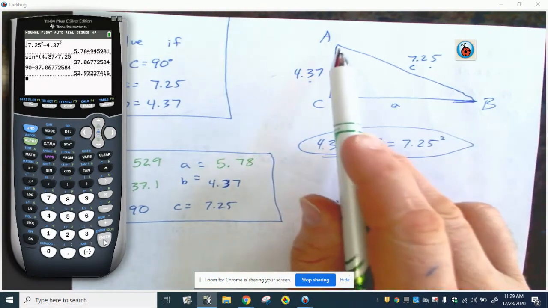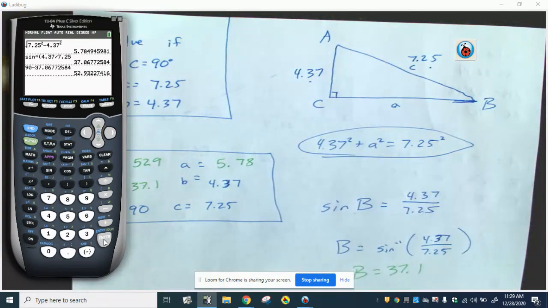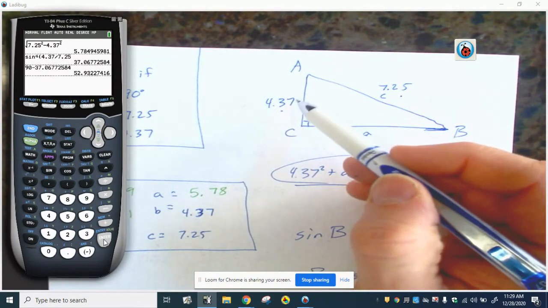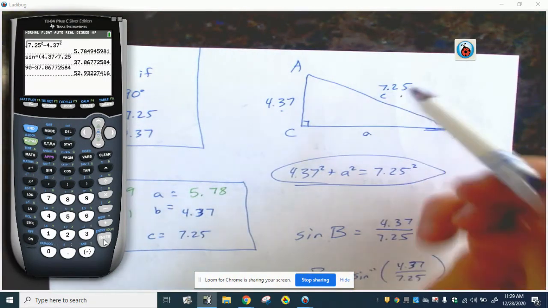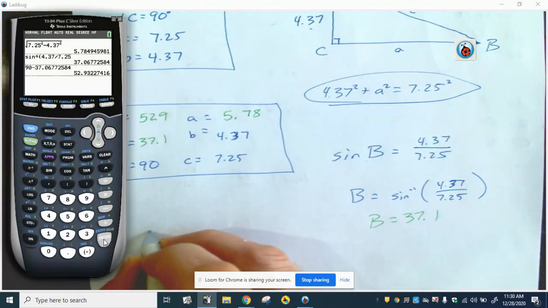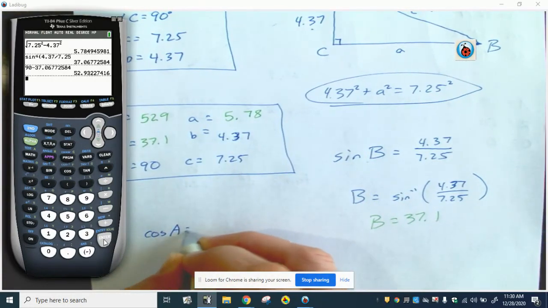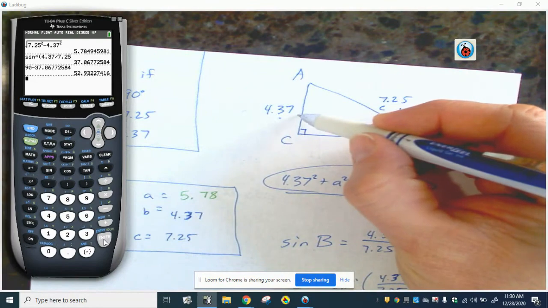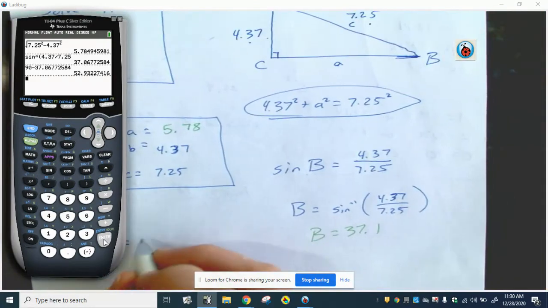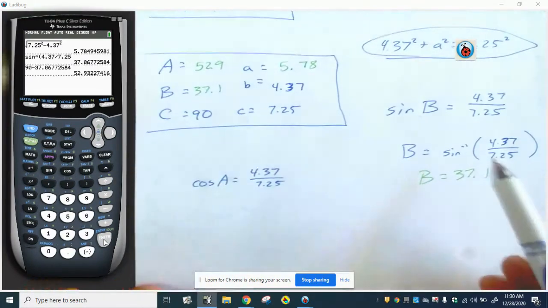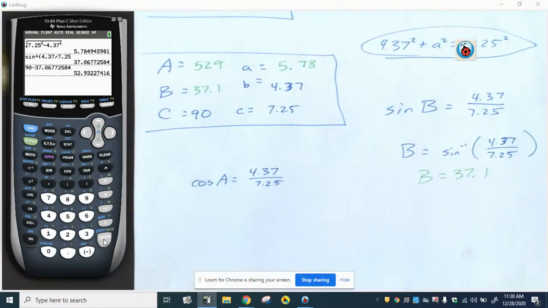It doesn't matter how you set that up. If we would have said, let's do A first. Well, from the A, that's adjacent and hypotenuse now. So I would have said cosine of A equals the 4.37 over the 7.25. Notice it looks very similar to that, but now we're doing cosine.